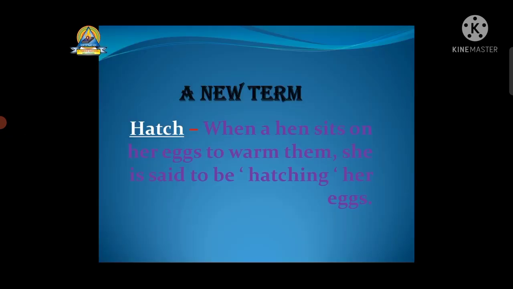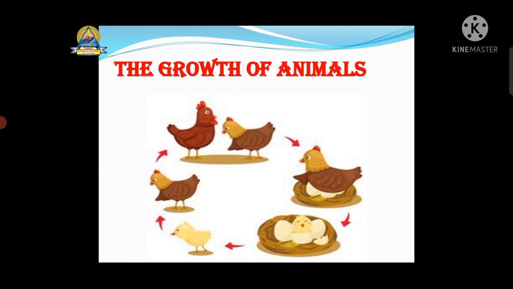In my slide you may have seen about the growth of animals. A chicken is born from an egg. That means all the animals, for example ants, butterflies, fish, frogs, snakes, are animals that lay eggs. But we do not often see their eggs. Why?